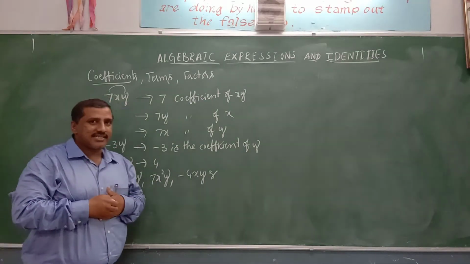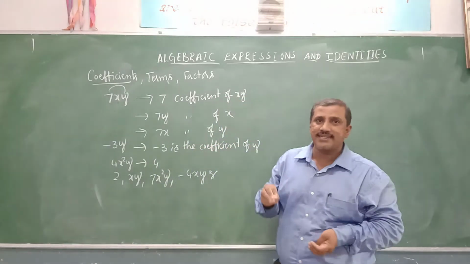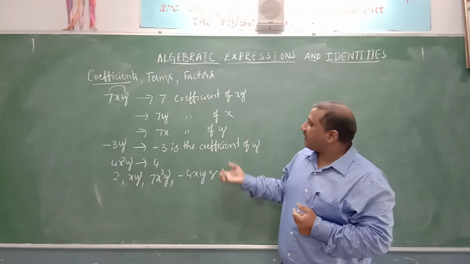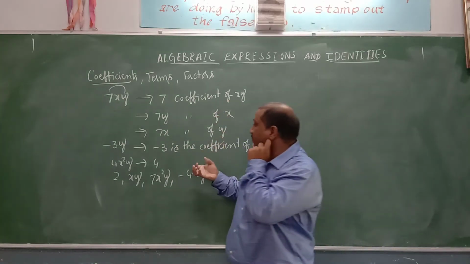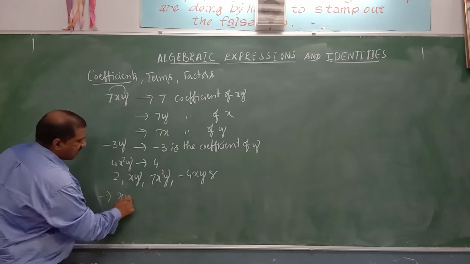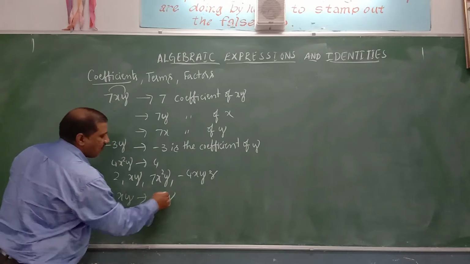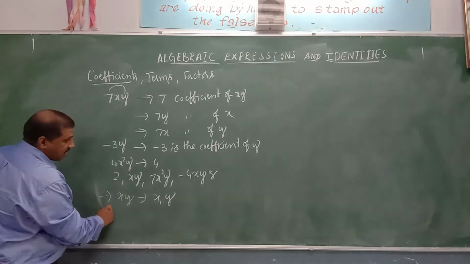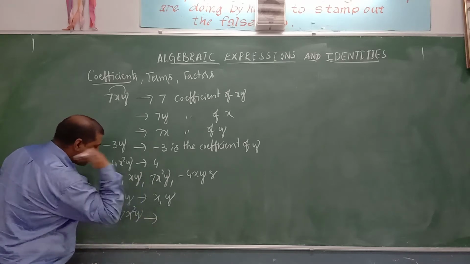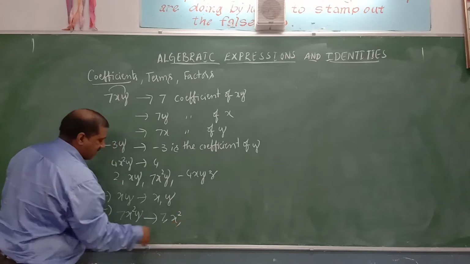Now, what are factors? In arithmetic we have come across factors. Factors are nothing but the divisors which leave remainder 0 on division. So what are factors in algebra? If you consider the term xy, the factors of xy are x, one factor, and y, the other factor. For 7x square y, the factors are 7, x square, and y.